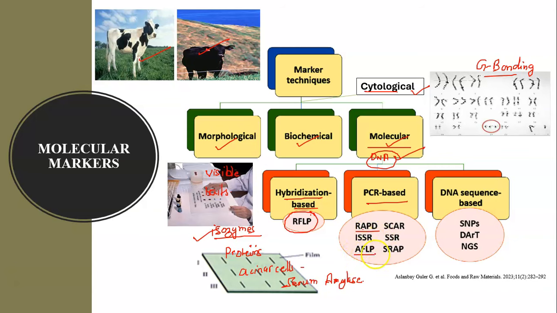We have amplified fragment length polymorphism, that is AFLP, ISSR, SCAR, that is sequence characterized amplified region, SSR, simple sequence repeat, SRAP. And even we have DNA sequence based markers like single nucleotide polymorphism, that is SNP. Then we have diversity array technology and NGS, that is next generation sequencing.